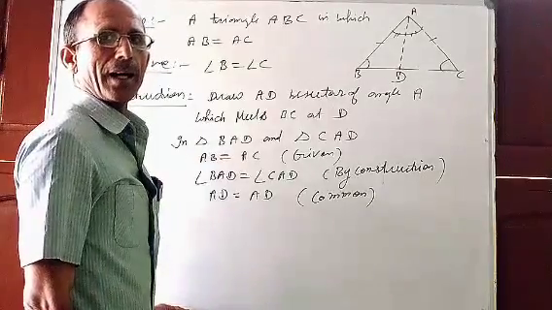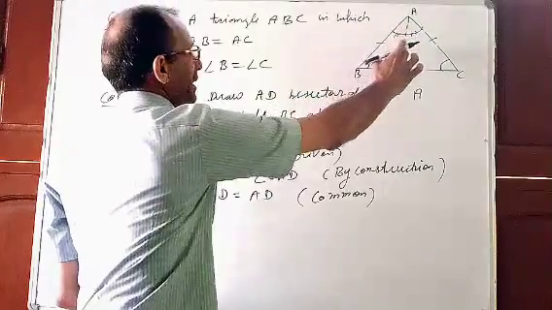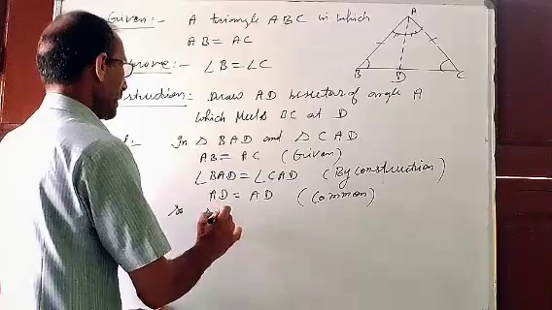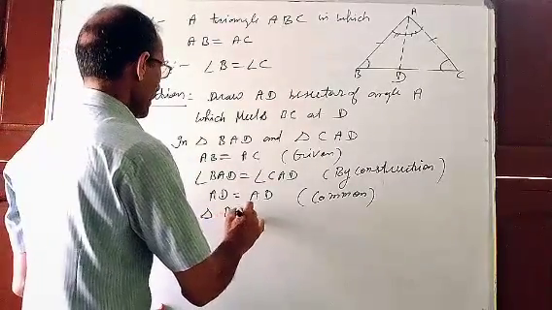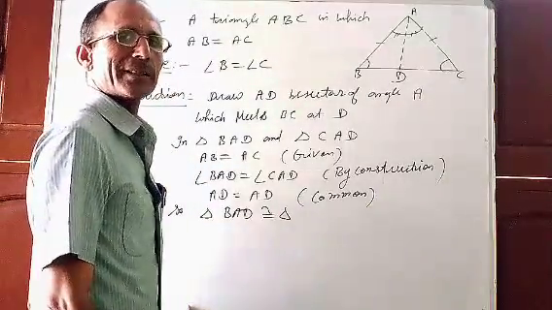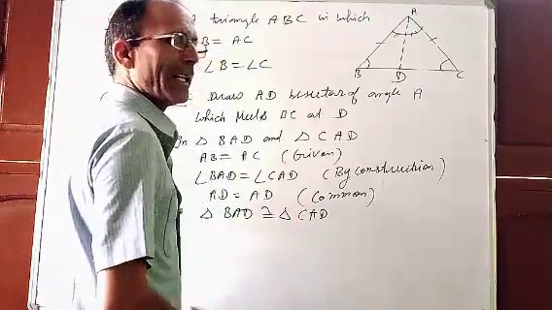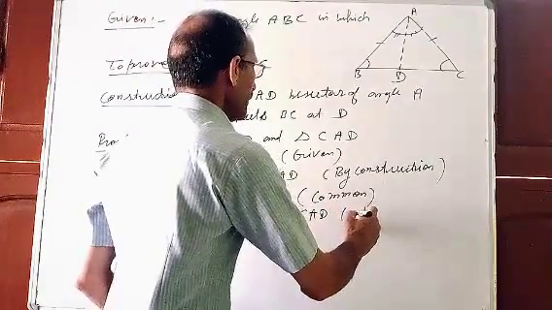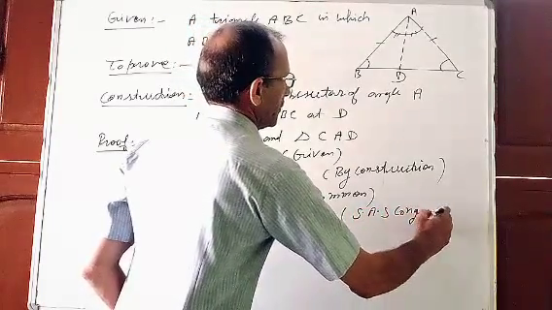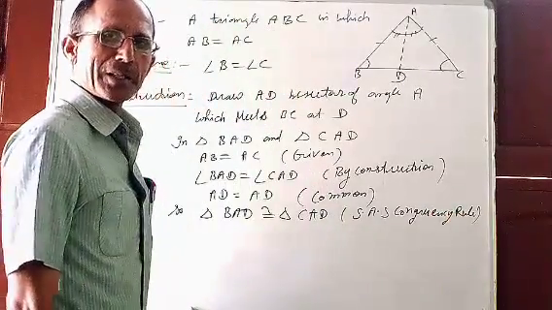Yesterday I told you the rules of congruency: the side angle side congruency rule. So therefore triangle BAD is congruent to triangle CAD. Which rule? Side angle side congruency rule.